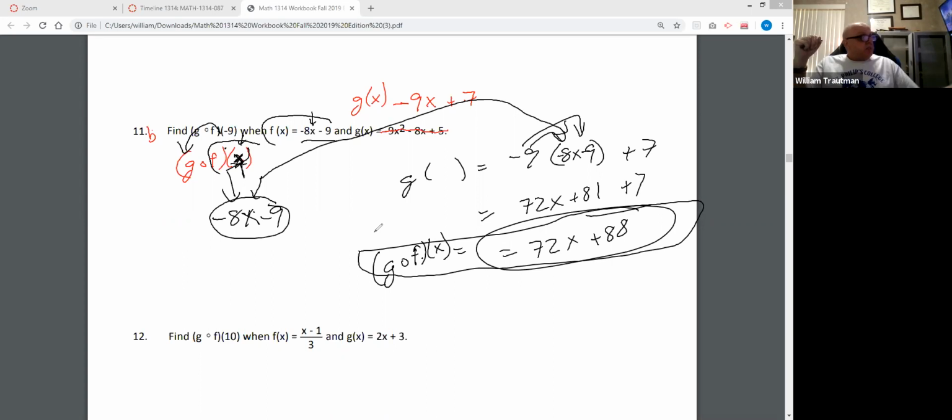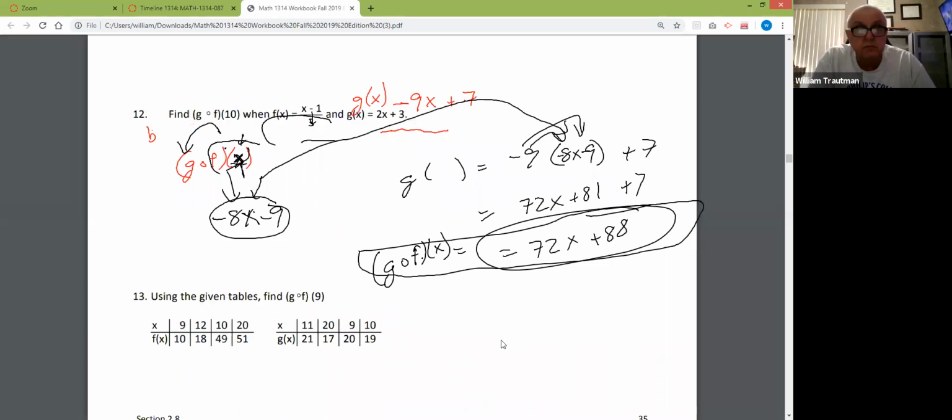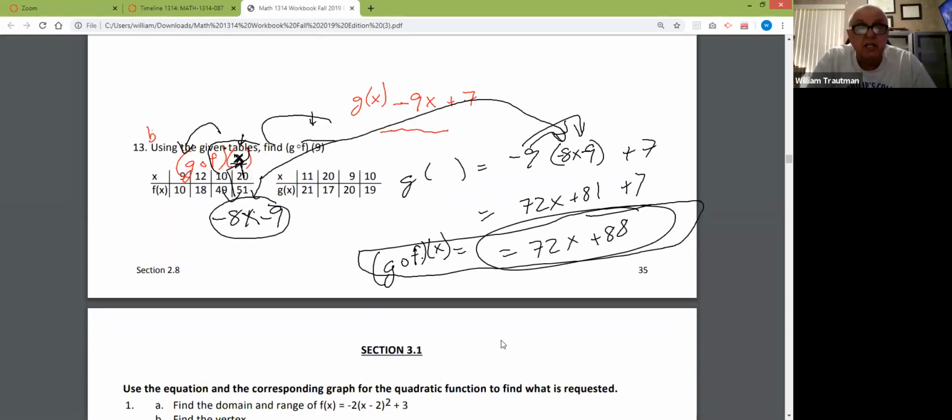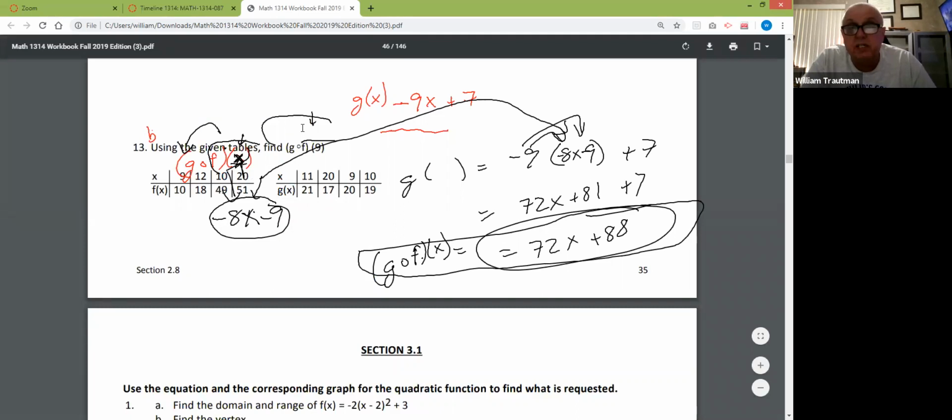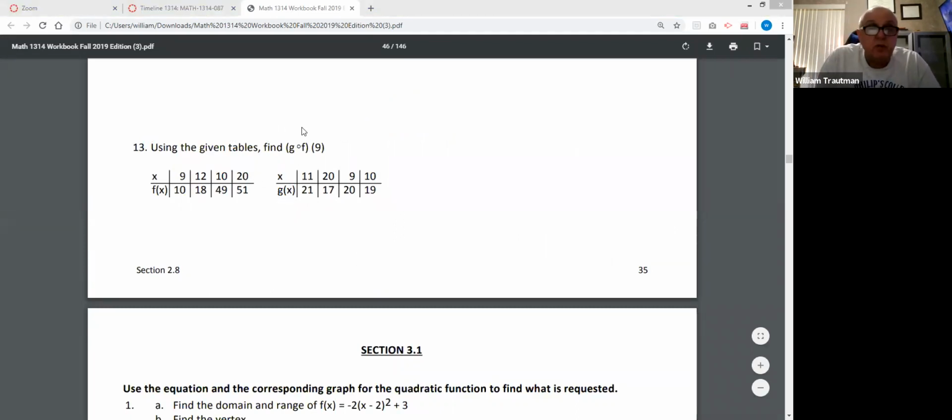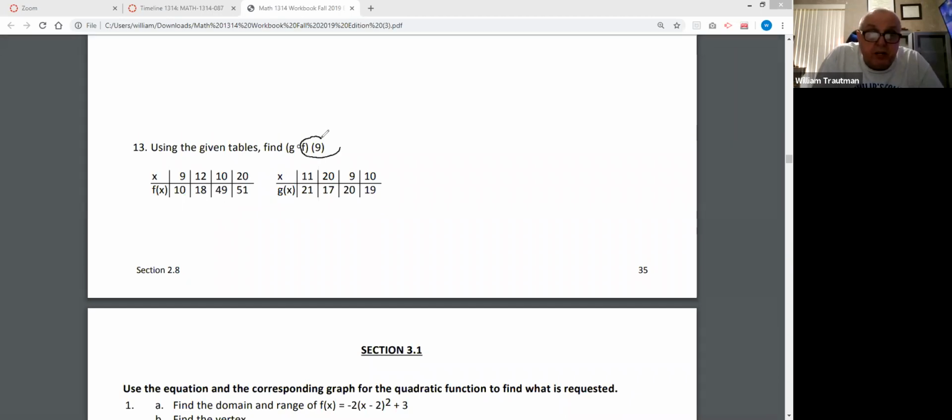Let's go to number 13. Yes, there is one of these. Remember, first we have to find, with a composite, the far right first, f of 9. The function f is this one.